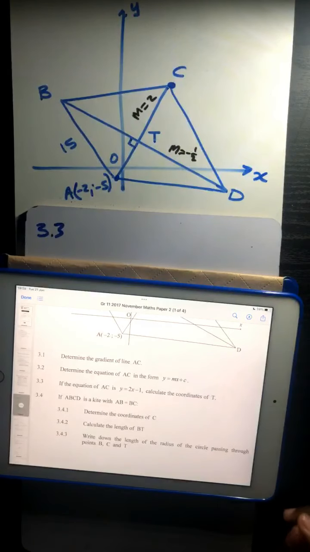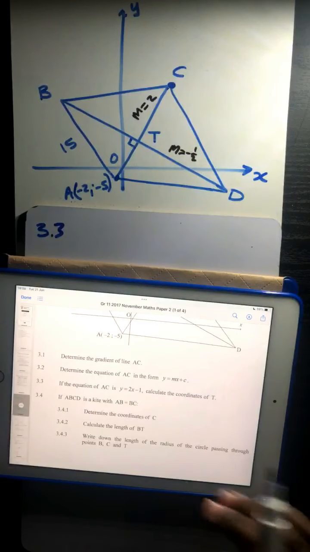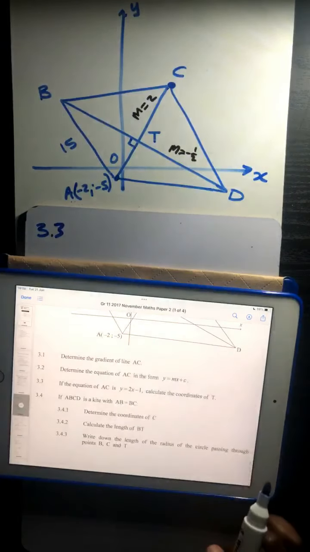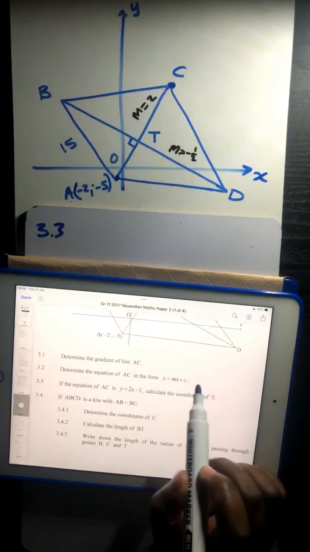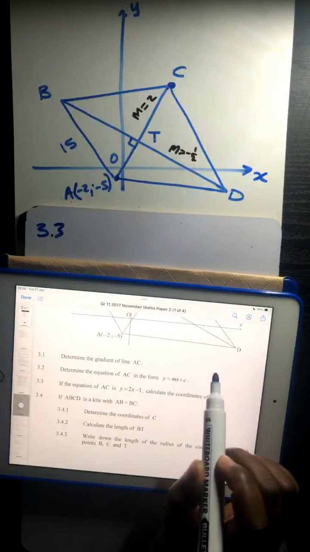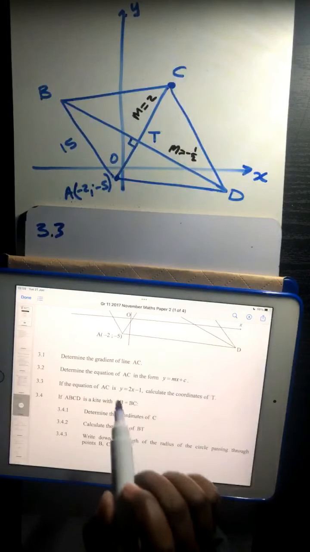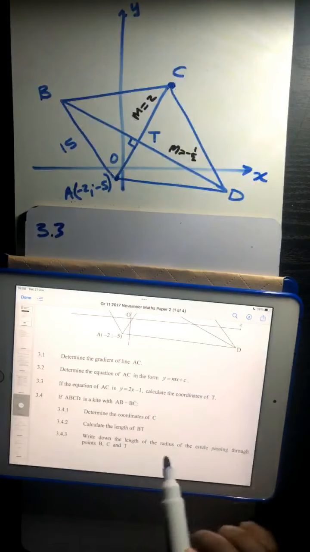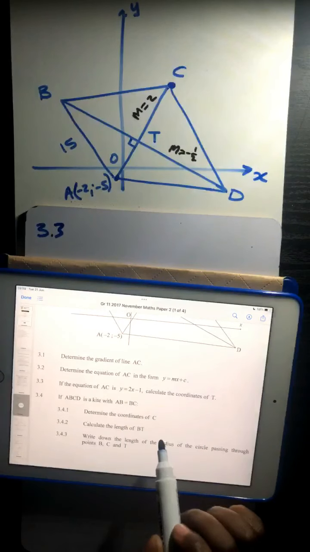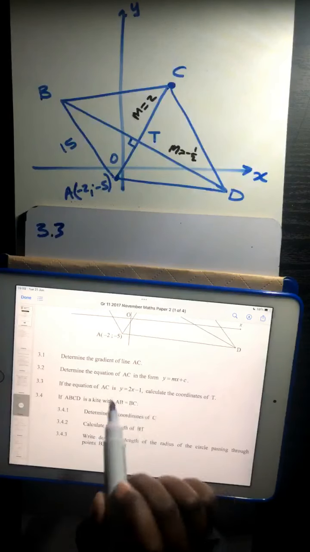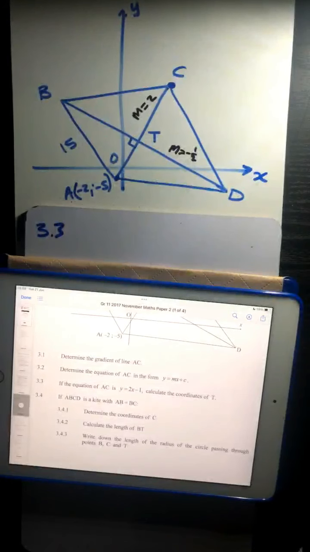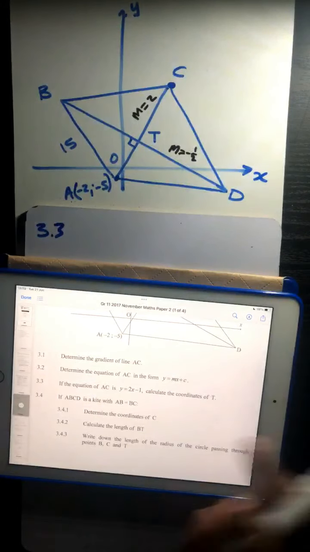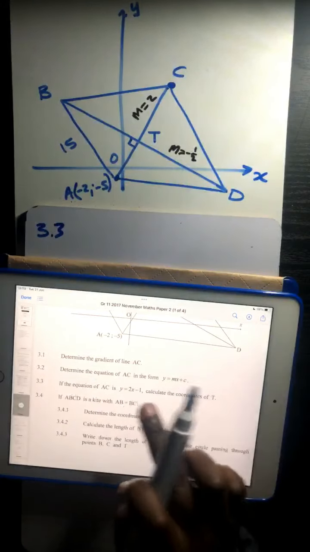So just make sure, ladies and gentlemen, that you familiarize yourself with all the questions so that when you solve for that question, you already know that you're expecting something similar to that, and not realize after you got some big numbers that you got it wrong. So, 3.3, they are saying if line AC is equal to that, determine the coordinates of T.